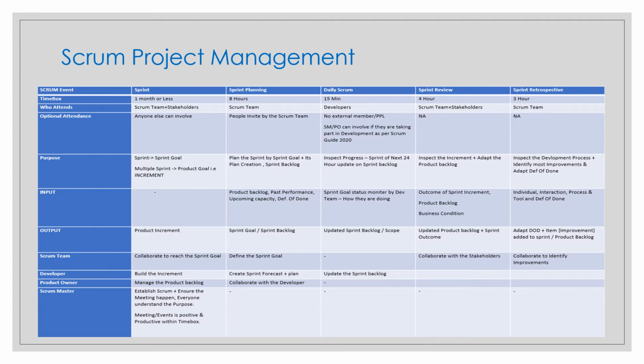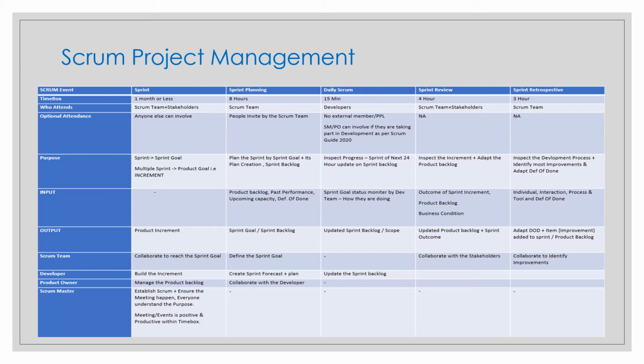By collaborating with the product owner, the developers will decide which items from the top of the product backlog will be added to the sprint backlog, and the sprint backlog will also contain a plan to deliver the product increment and realize the sprint goal. Okay, so your sprint backlog contains what? Your PBIs plus the plan to deliver and the sprint goal.